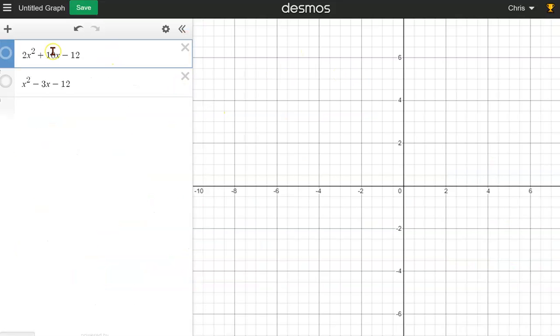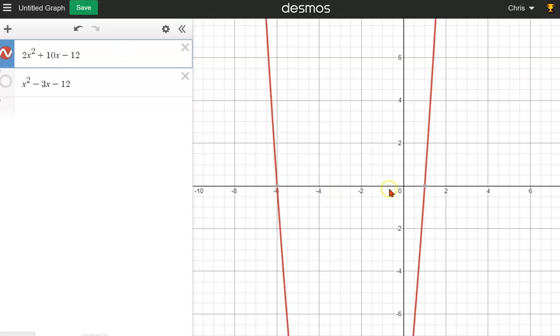And here's using decimals. The first one, 2x squared plus 10x minus 12, and you can see the points on the x-axis, the x-intercepts. We have the x values negative 6 and positive 1.